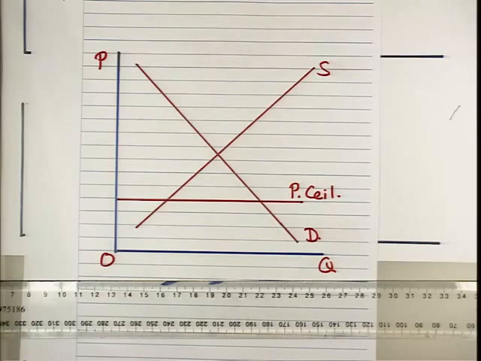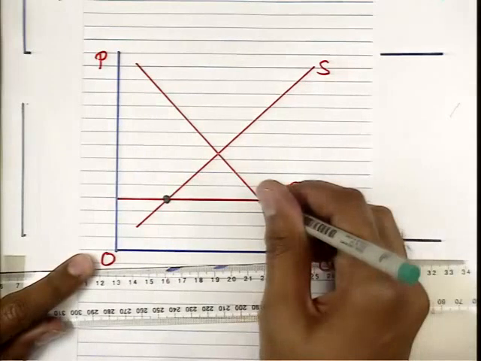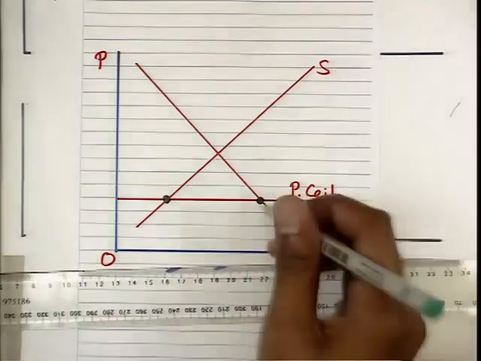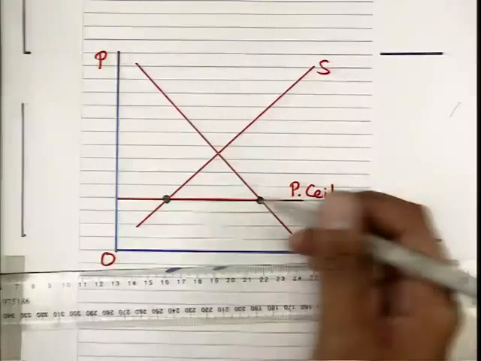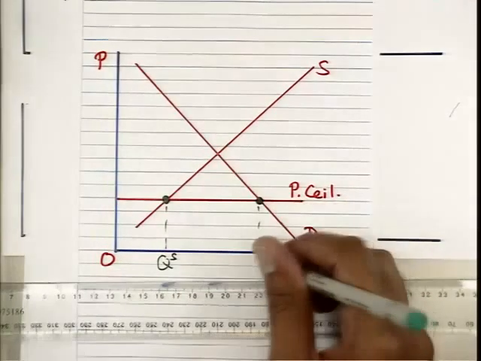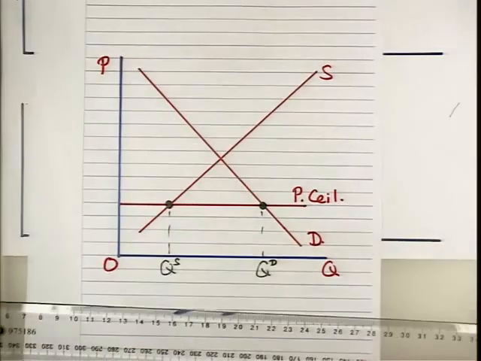And what the government ends up actually doing is, the government is trying to enforce a legal maximum price, but the quantity supplied is less than the quantity demanded. Even though consumers are actually wanting more, producers are not actually willing to sell more.